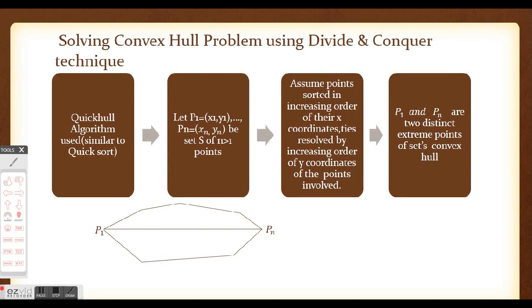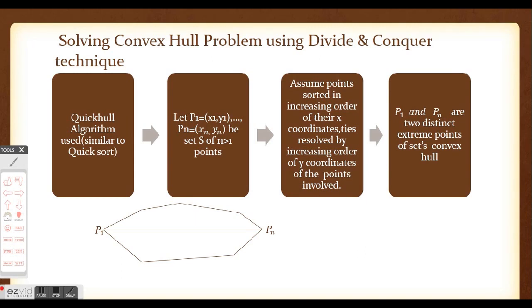Coming to the main solution, how to solve the convex hull problem using the divide and conquer technique. The algorithm we are going to use is called the quick hull algorithm. The name is similar to quick sort because it is similar to the quick sort algorithm in its data flow also.